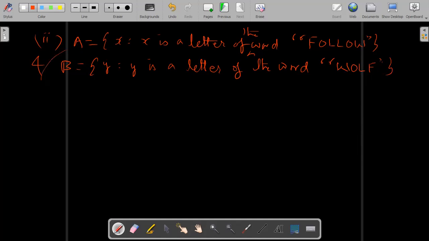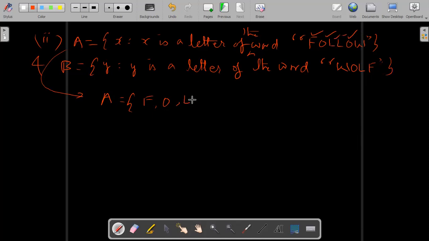And I told you that we cannot write the same element two times in a set. So if you write it in tabular form, this will have the elements F, okay, then O is two times, so we will cut two times, but we'll write one time.